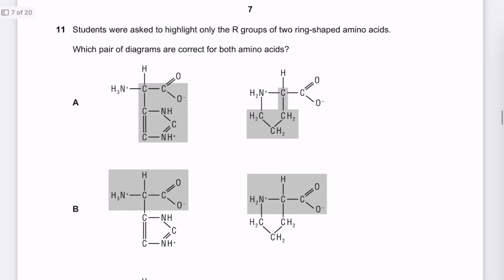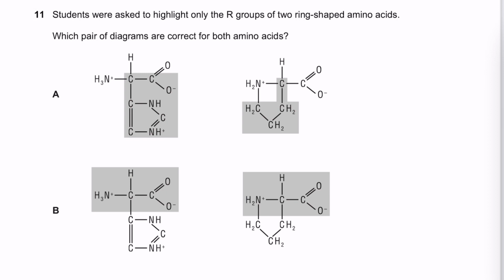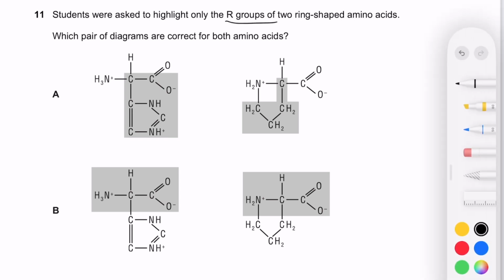Students were asked to highlight only the R groups of 2 ring-shaped amino acids. Which pair of diagrams are correct for both amino acids? The R groups are the variable side chains. Normally in an amino acid we have the alpha carbon, the carboxyl group, and the nitrogen of the amine group. Here we'll have the OH and double bond O, and here we're going to have what's called the R group.